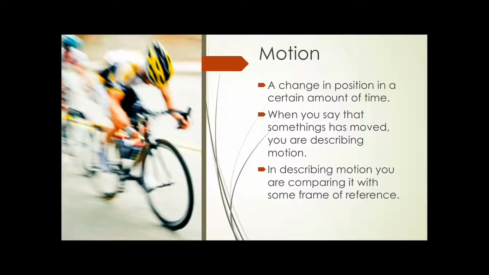And in describing the motion, you're comparing it with some frame of reference. So if you're going from one side of the room to the other, once you get to that other side of the room, you're going to say you've moved, because you're using everything else in the room as your frame of reference.